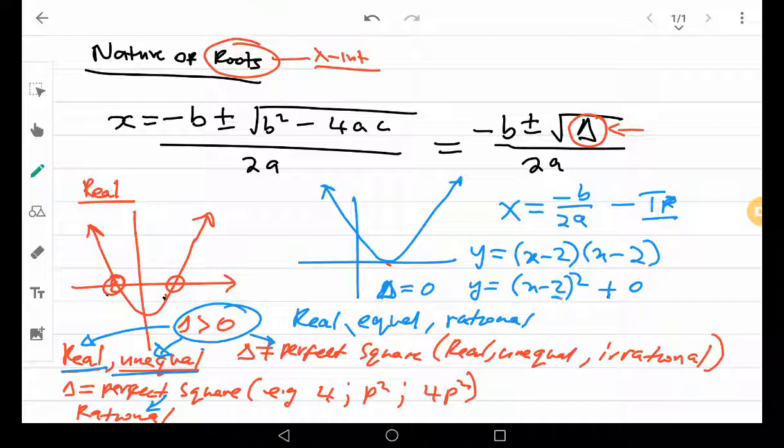That's why x is equal to minus b over 2a. So we see these roots are real and equal when delta is equal to 0, when the graph is exactly on the x-axis.